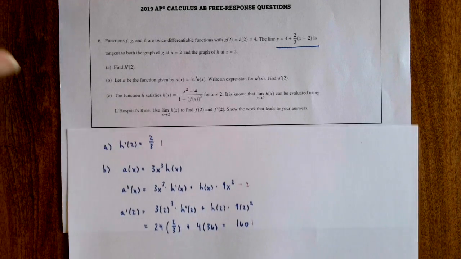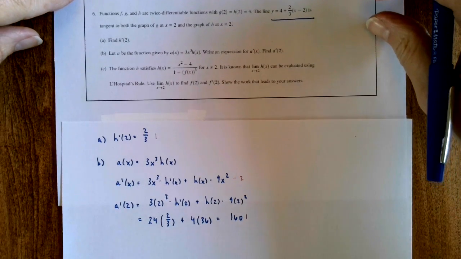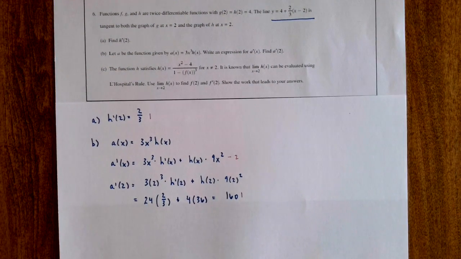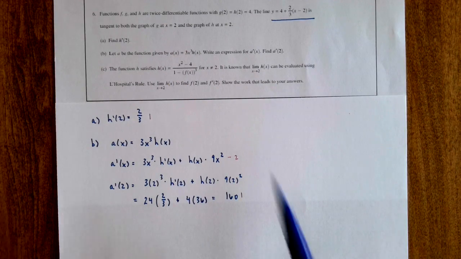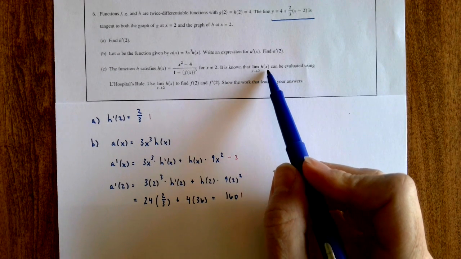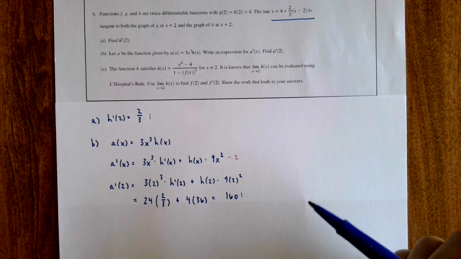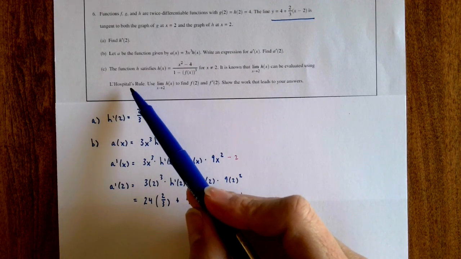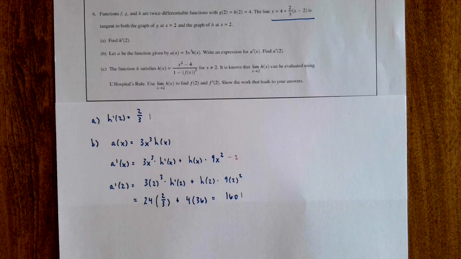All right, part C. Now this is a big one and there's a lot going on here. They're telling us the function h satisfies this equation for h of x for x not equal to 2. It is known that the limit as x approaches 2 of h of x can be evaluated using L'Hopital's rule. So if they're telling me L'Hopital's rule applies, I'm thinking that there was some kind of indeterminate form, and that's going to play a big role in a second here.